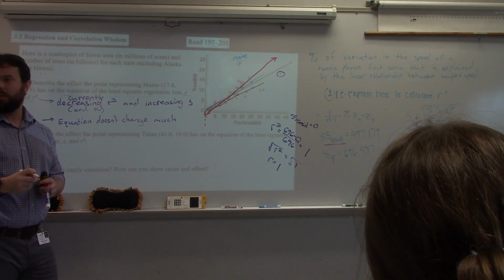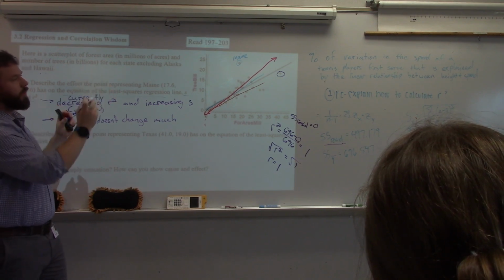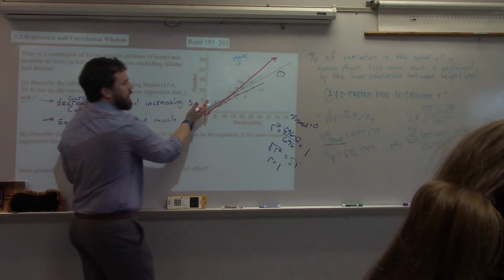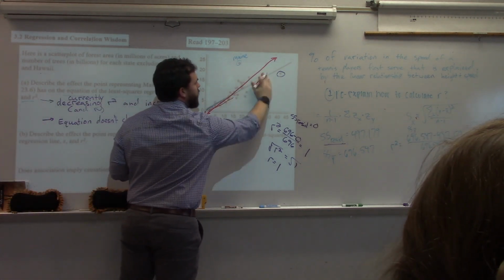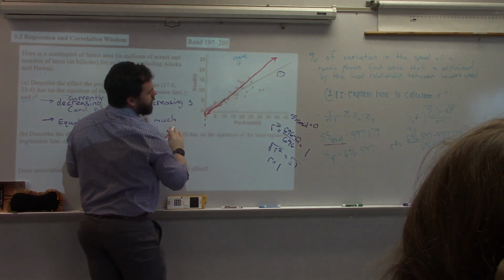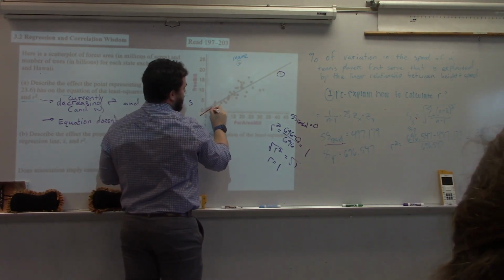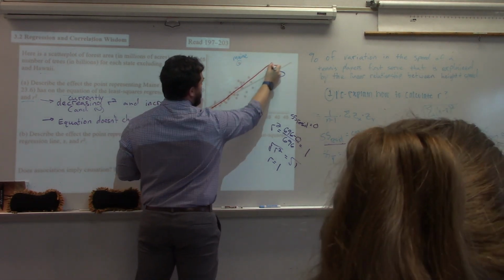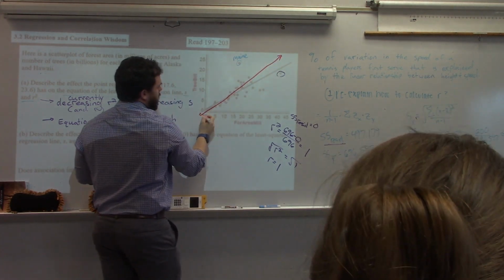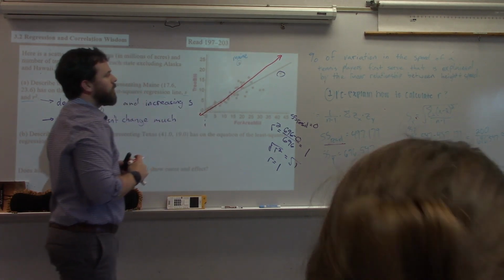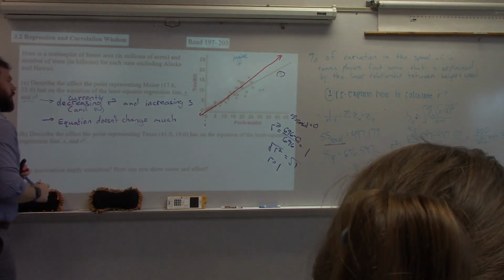I got you. So because it's a high leverage point, it's horizontally far away, it's gonna pull that least squares regression line to it. Here, right, if I remove that point though and only focus on the others, which I might have even overdone a little bit, I might do something like this. Notice it's very close to all these data points, it's pulled up towards that outlier a little bit now because that one point is gone.